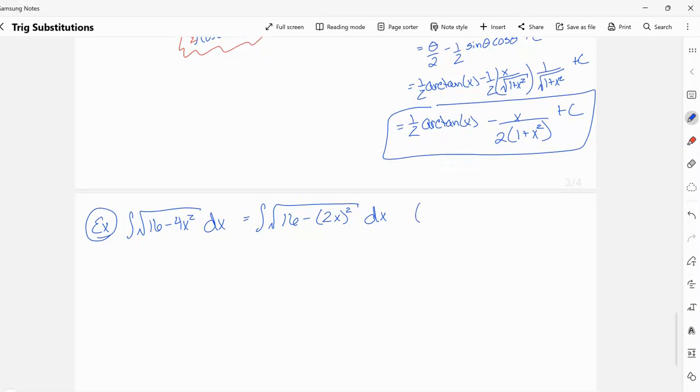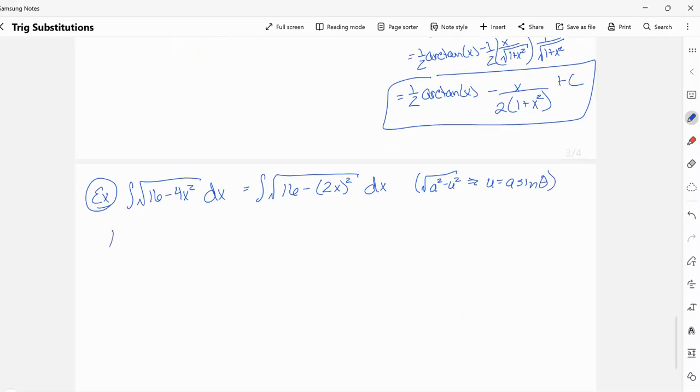I'm in the form of the square root of a squared minus u squared, which means I'm going to let u equal a sine of theta. So I'm going to let 2u equal a, which would be 4 sine of theta.